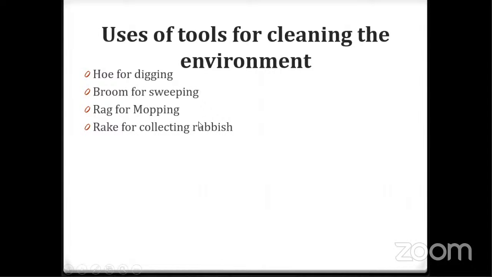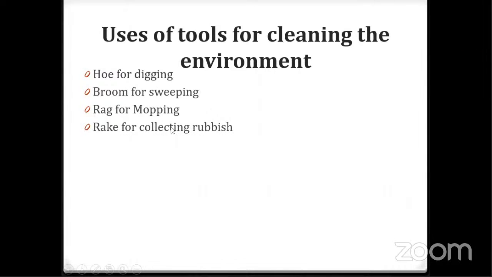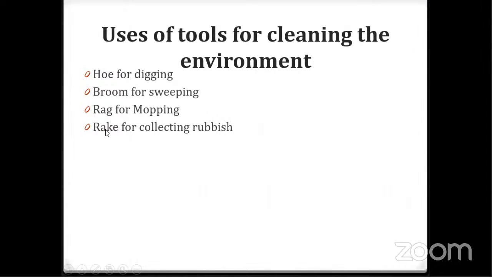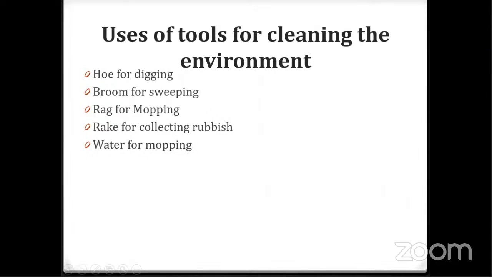Can't you see on your screen? For raking. Can't you see on your screen that a rake is used for collecting rubbish? For collecting rubbish. You have to look at your screen.